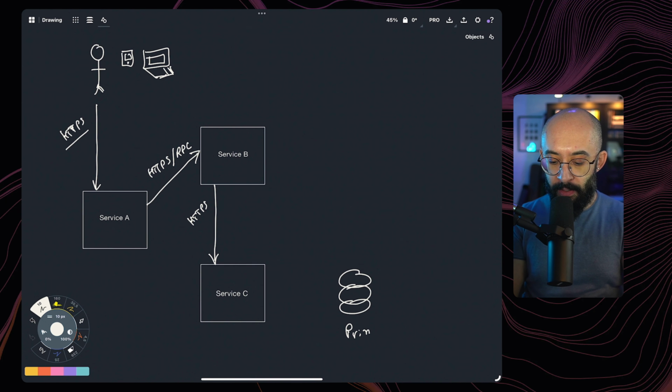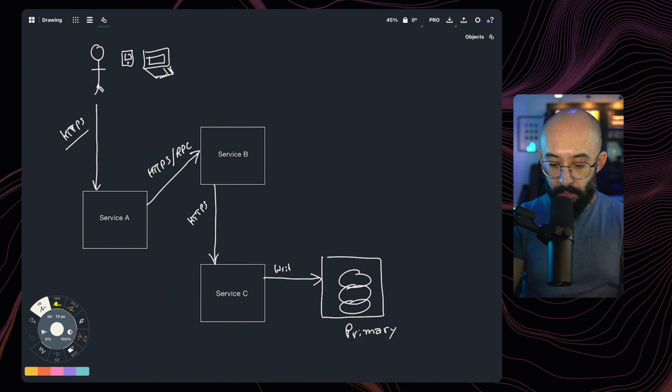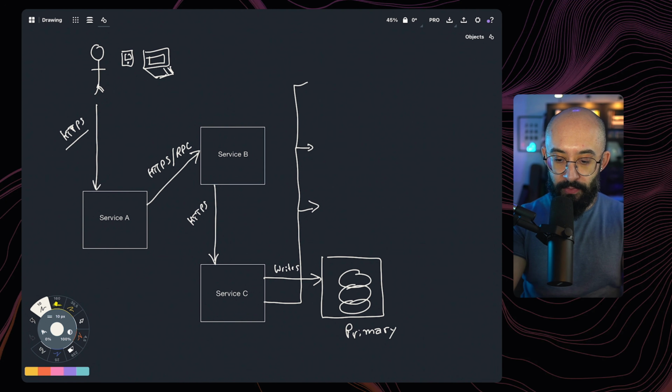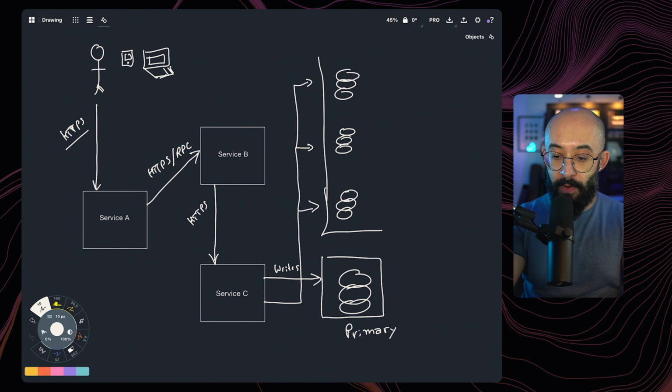We're going to have a sort of primary and secondary type of setup where our writes from service C go to the primary, and then whenever service C wants to read data, it has to read it from one of the replicas. We're going to assume we have 3 replicas over here that are constantly receiving writes from the primary.